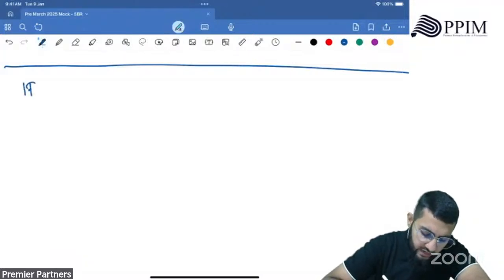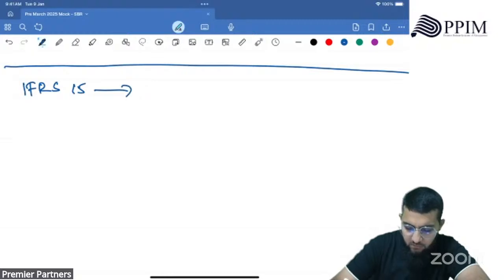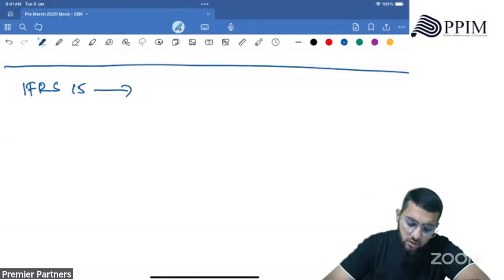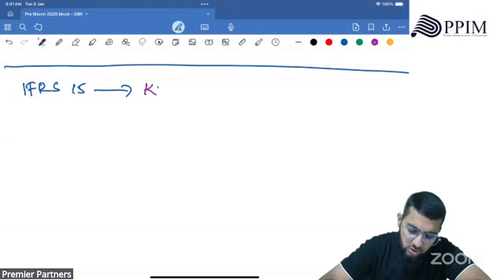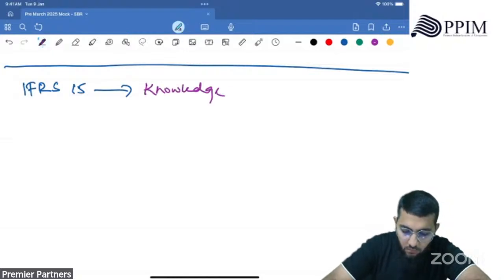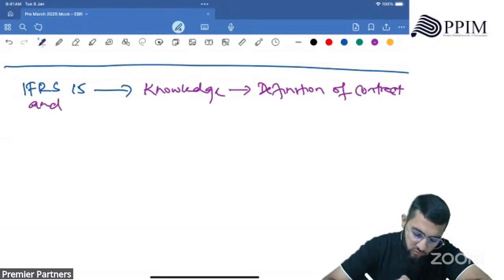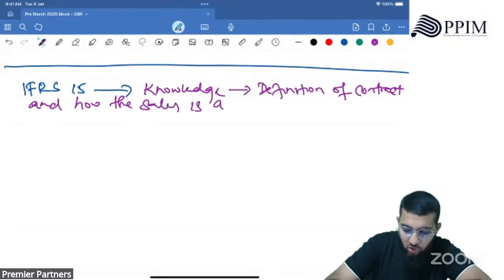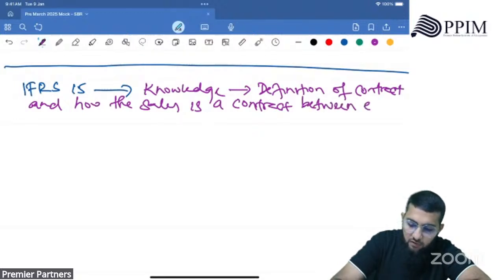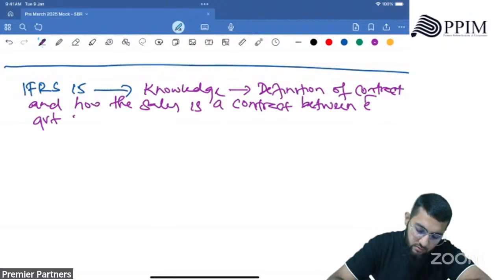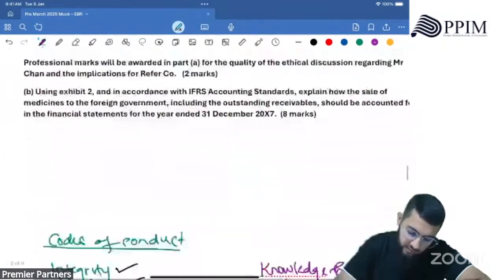So exhibit 2, there's IFRS 15. You can quickly bring in a short knowledge point here by bringing in definitions of a contract. The sales is a contract between the government and ReferCo.